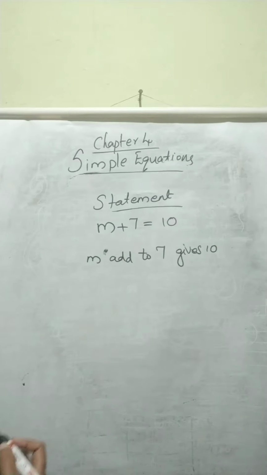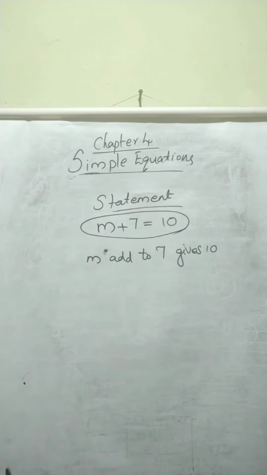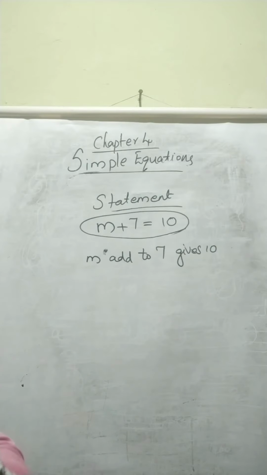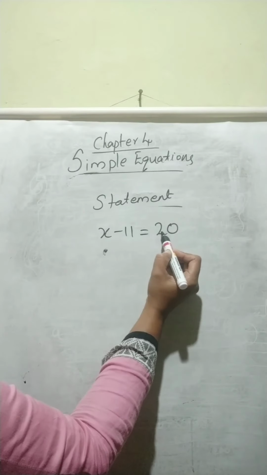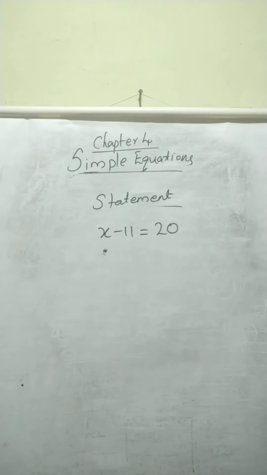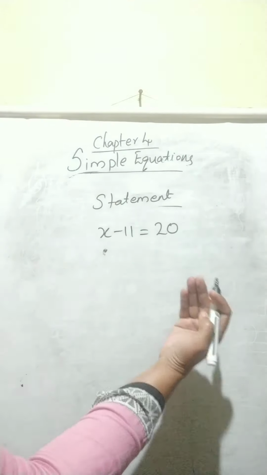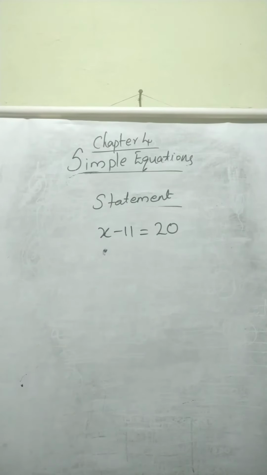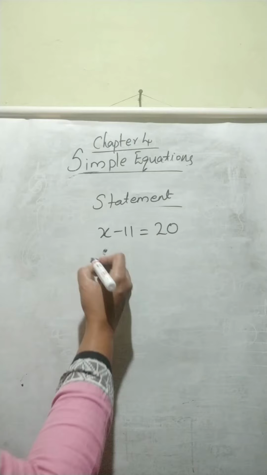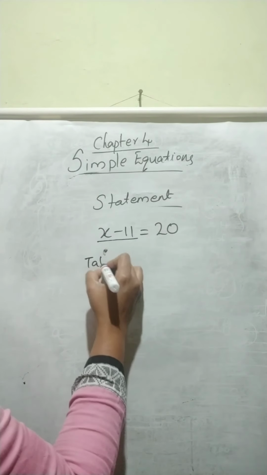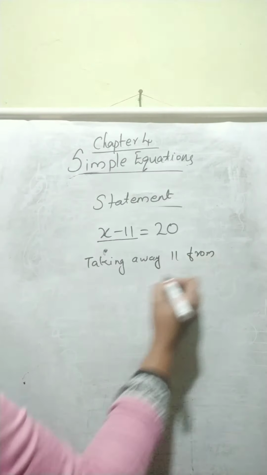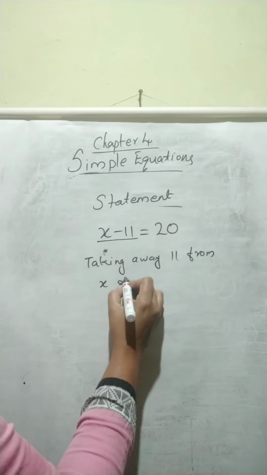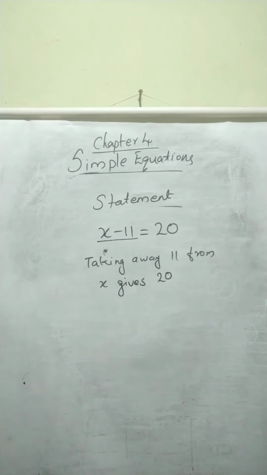This is the statement of this algebraic expression. Then how can we say x minus 11 is equal to 20? Here we are taking away 11 from x. So we can say taking away 11 from x gives 20. This is the statement.